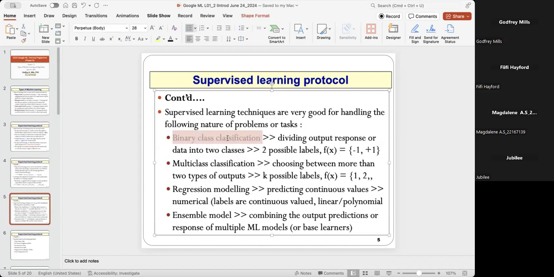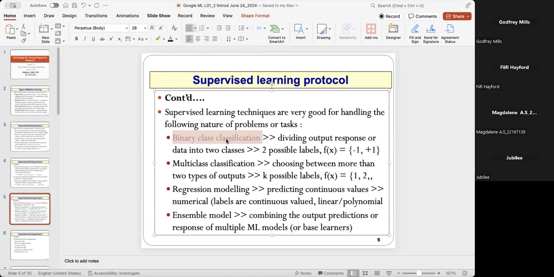When we have something called binary classification, classification here means that you are dividing your output into, binary means 2 states. At least we are all familiar with binary digits, either 0 or 1.